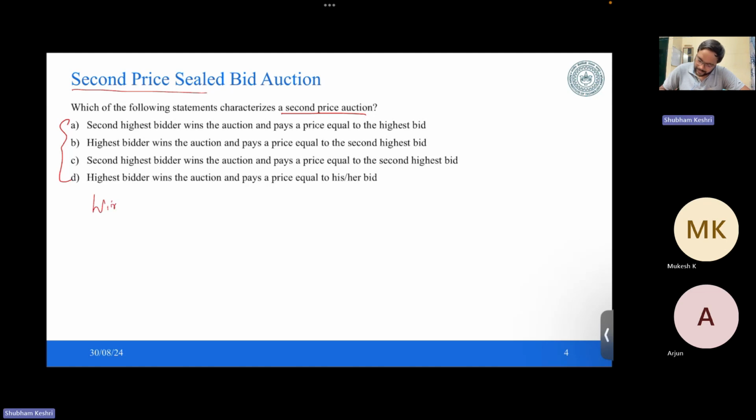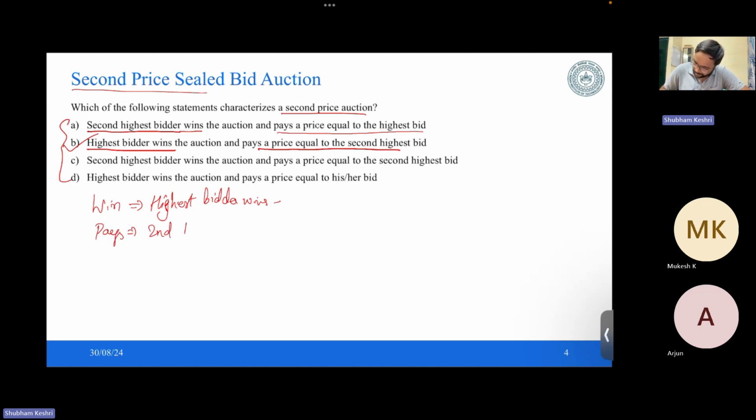How is the winner decided and what does he pay? The correct option: the highest bidder wins, and he pays a price equal to the second highest bid.